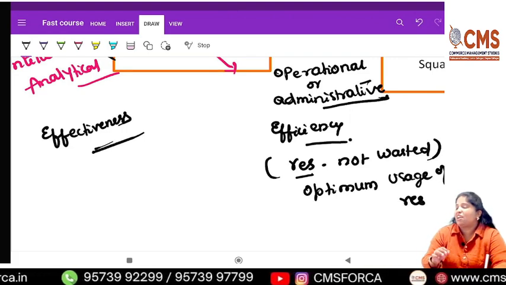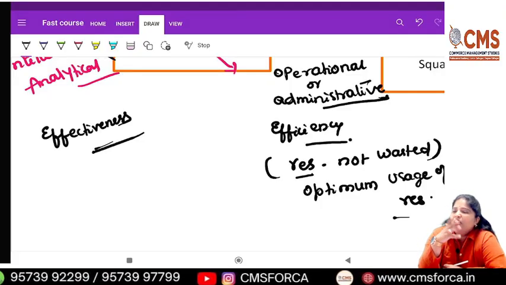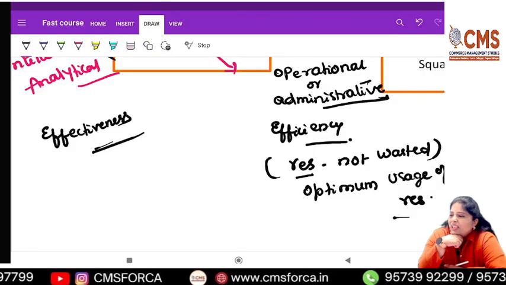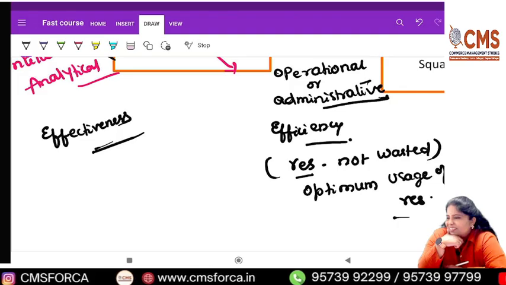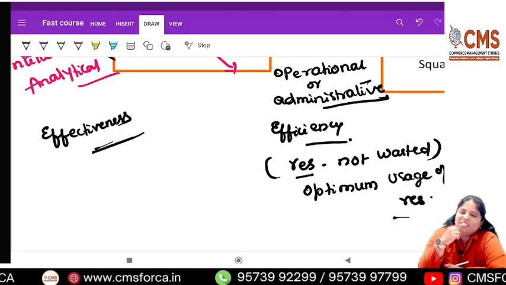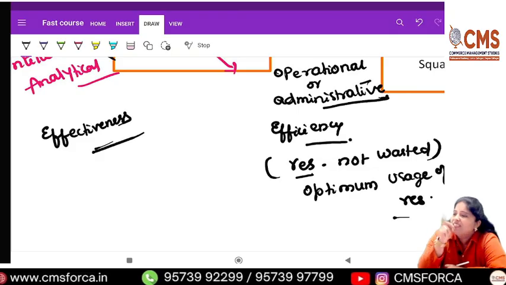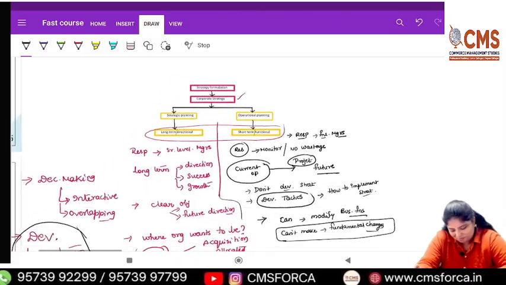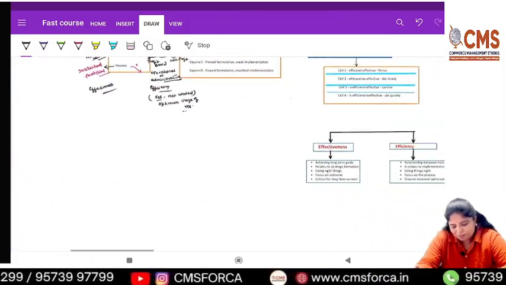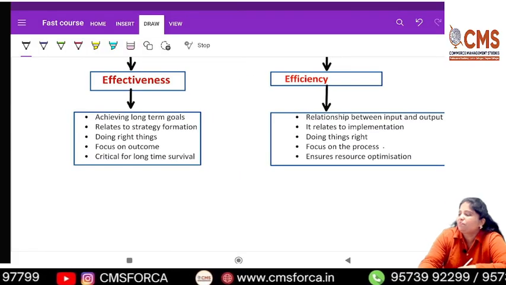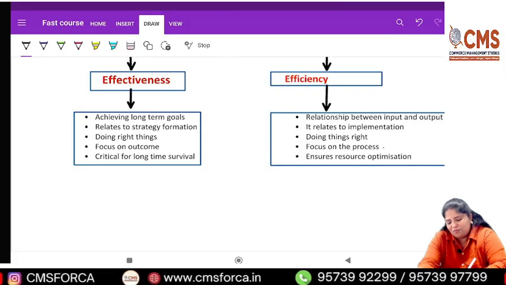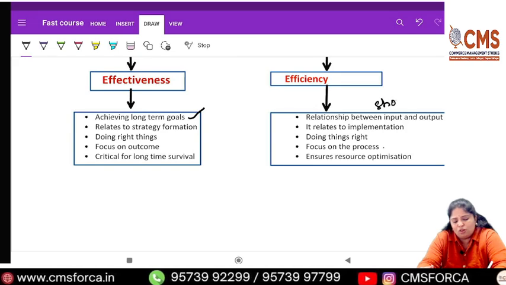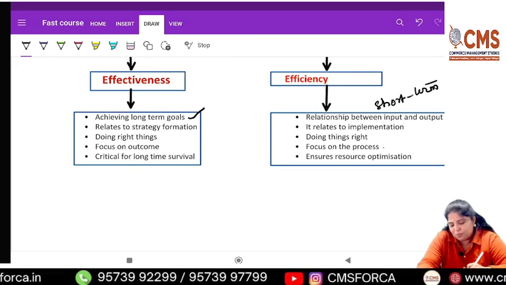And one point you must have come across at various places when you go through multiple materials. Effectiveness is doing right. Have you ever come across this point, doing right things and doing things right? Go through these points. Effectiveness is long term, whereas efficiency is usually with a short-term perspective.